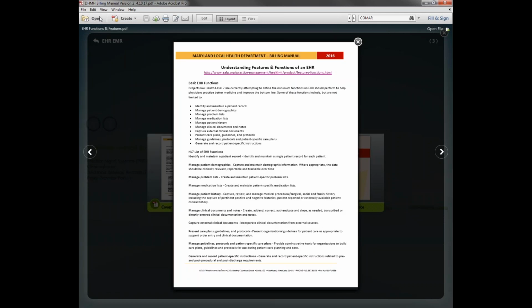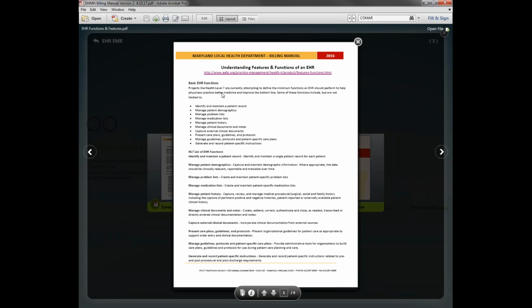The next document we have here goes over the different features and functions of an EHR. Before we get into the document, we have a link under the heading. The link takes you to the AAFP site that goes over the different features and functions of your electronic health record.